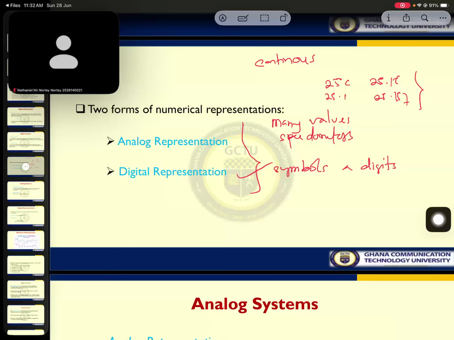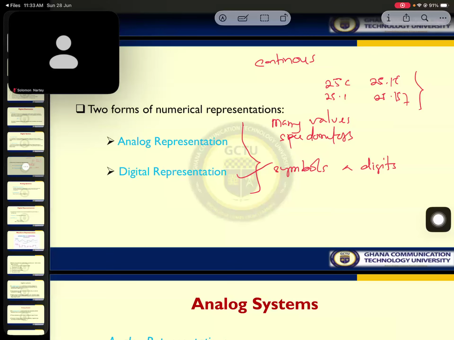The ATM machine, the digital watches, the mobile banking app, counting machine, computers, traffic controllers, they are all digital systems. A digital watch, for instance, may show 10:15. Then it can show 10:16.